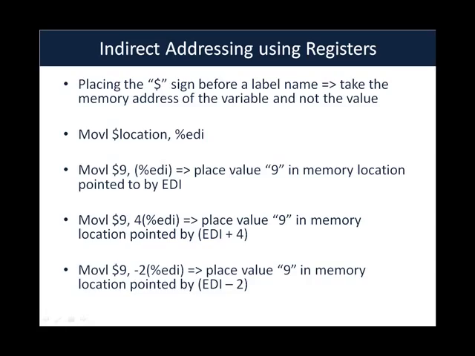So if you wanted to place the value 9 in the memory location pointed to by EDI plus 4 bytes, the way you would write it is 4, bracket open, and inside the EDI register. Similarly, if you want to place the value 9 in memory pointed to by EDI minus 2 bytes, then you would prefix it with -2. So we'll look at all this in the video demonstration.